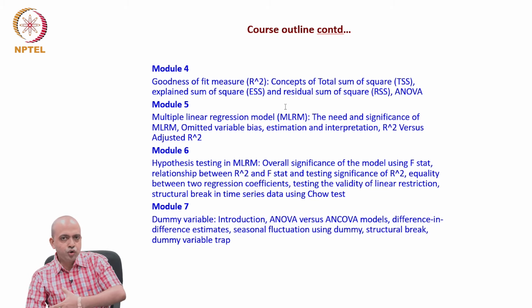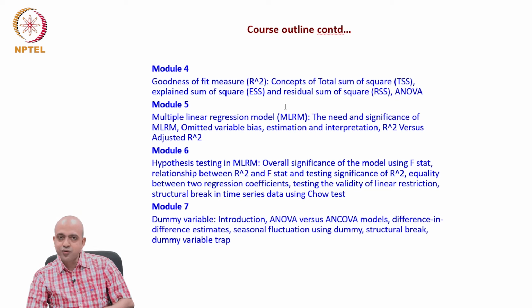If we do not include them, then your model may suffer from an omitted variable bias. What is the omitted variable bias? How to measure the extent and amount of omitted variable bias, those things also we will be learning in the context of multiple linear regression model.